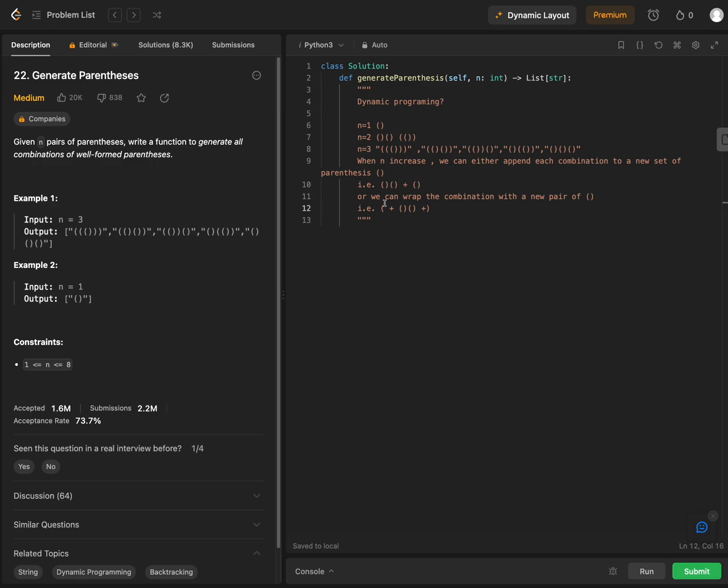So just to be clear what we're talking about: when we have one, we either add it or we wrap it. Now we have these two. What we want to do is we either add an open and close to it, or we wrap it up. We wrap this combination.